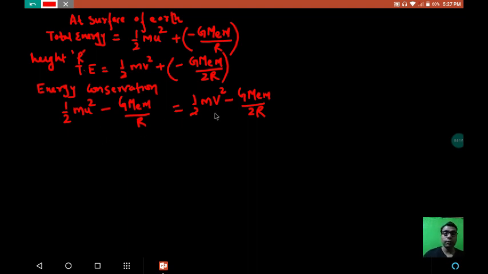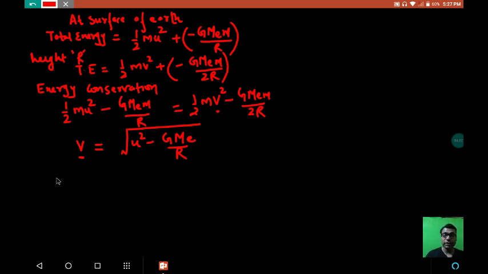Now the only term we have to calculate is the velocity of the satellite. So v, by solving this, comes out to be under root of u square minus g m e upon r. This is the expression we calculated for the velocity of the satellite.